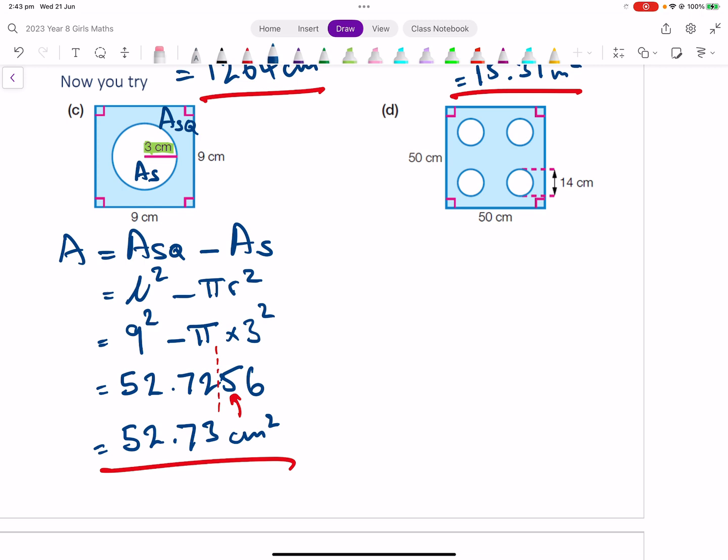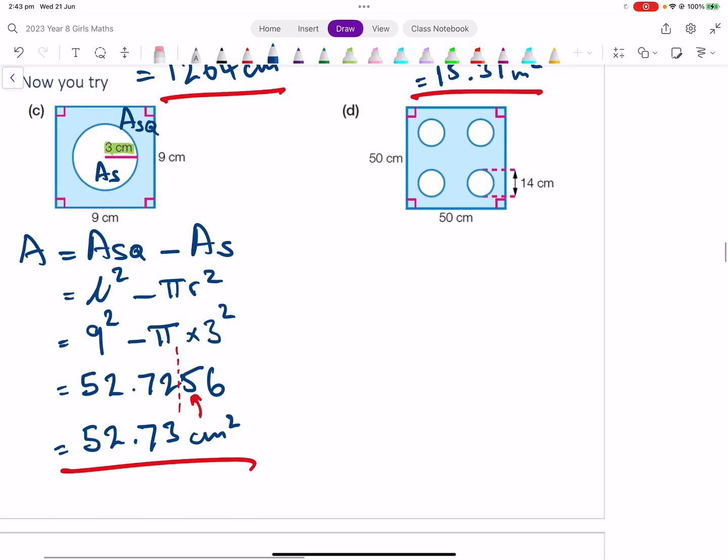All right. Let's have a look at this next one. We've got the area of a circle, and we've got the area of a square. So here, the area of the shaded bit is actually going to be the area of my square minus 4 lots of the area of my circle, because I've got 4 holes that have been chopped out.